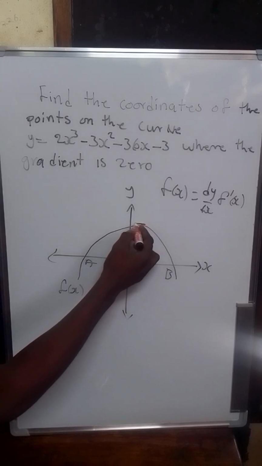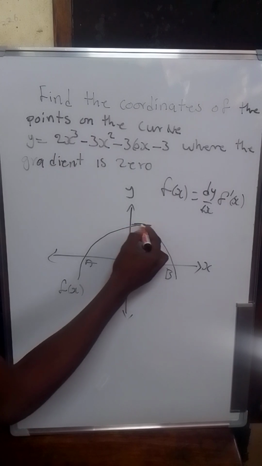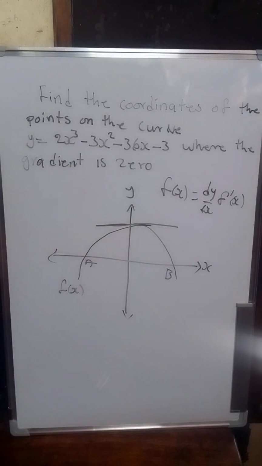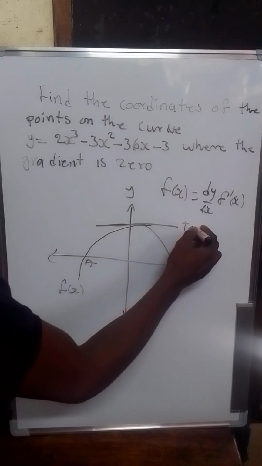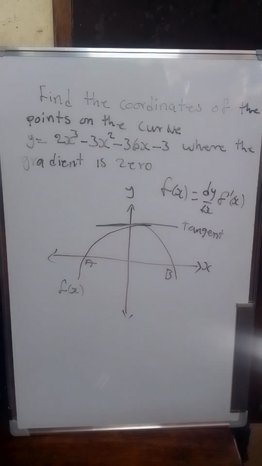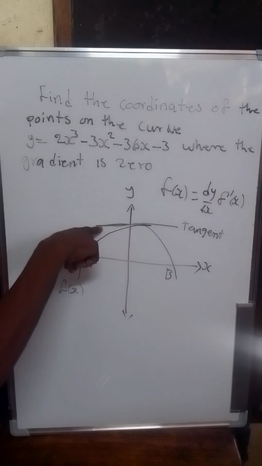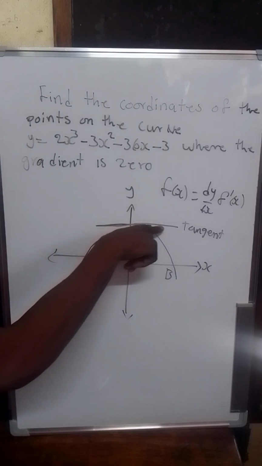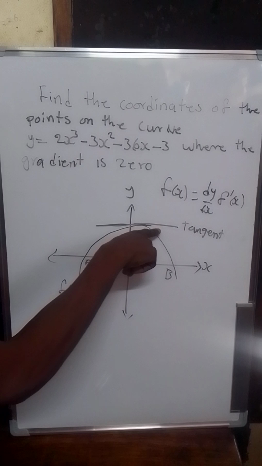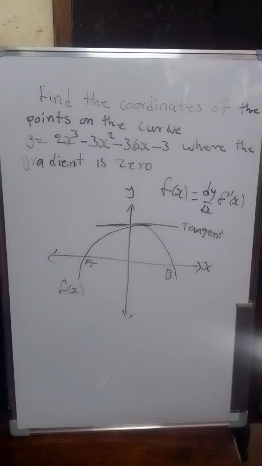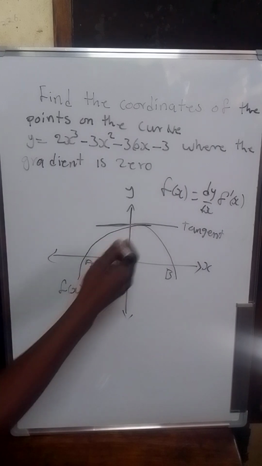Okay, so we can clearly see that at this point here, if we draw the tangent to this curve, this is the tangent. You can see that this tangent is horizontal, and at this point, if we want to find the gradient, the tangent at this point is 0.